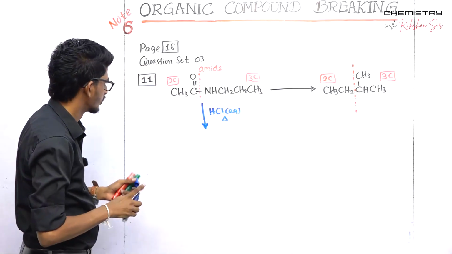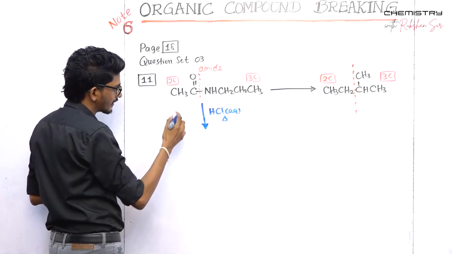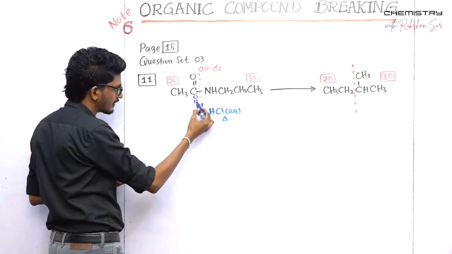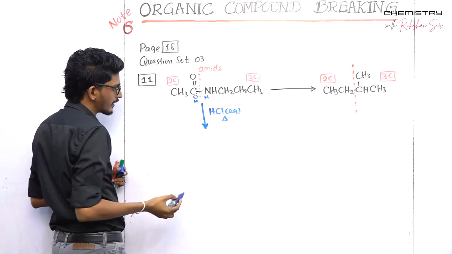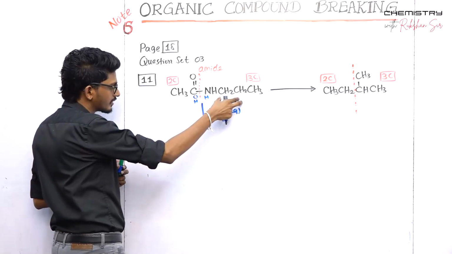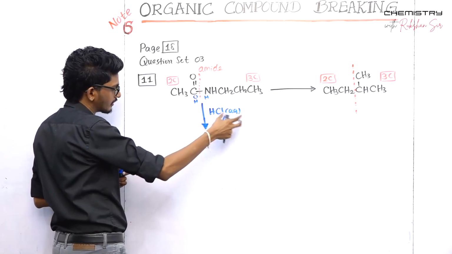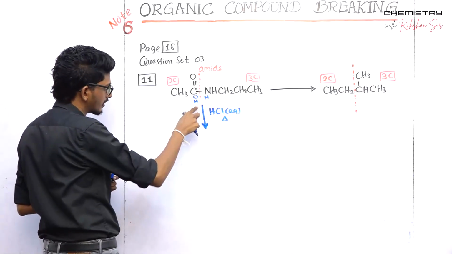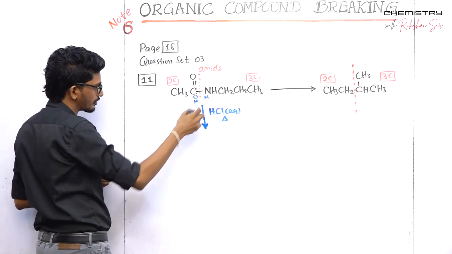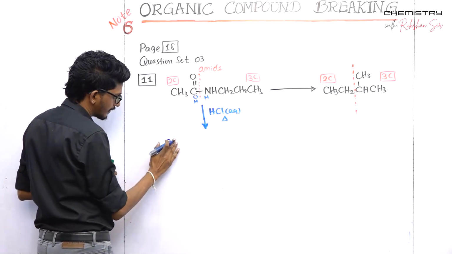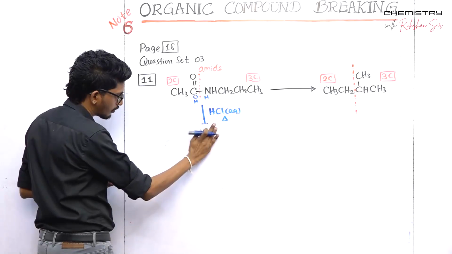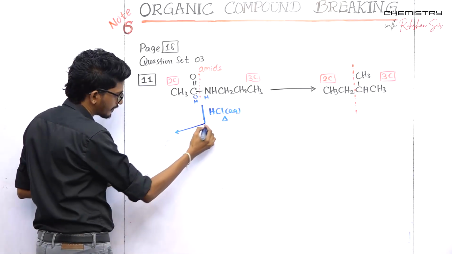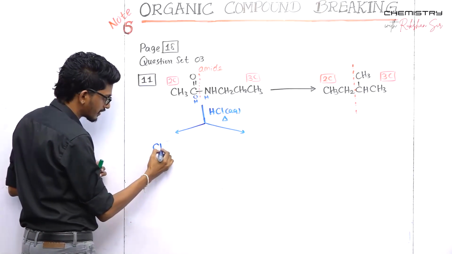So you'll come up with what? The OH will be connected here, hydrogen will be connected here, but as this one is a base, it will further react with HCl to come up with the salt. This is an acid, so acid won't react with acid. So you will form these 2 compounds.